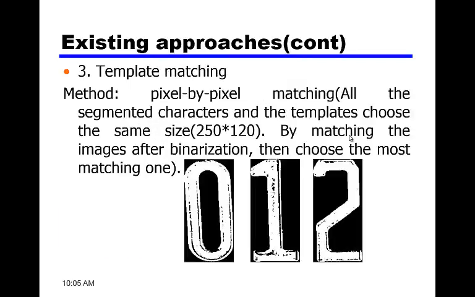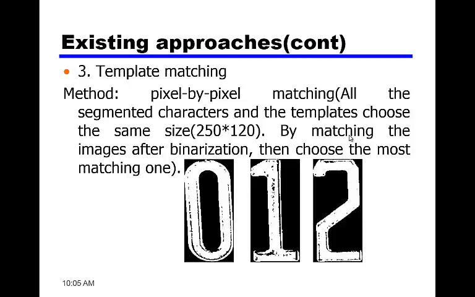Then is the template matching. The method I choose is pixel by pixel. The reason is that I choose all my segmented characters with the same size, and as they are binarized, every pixel could just have two values.